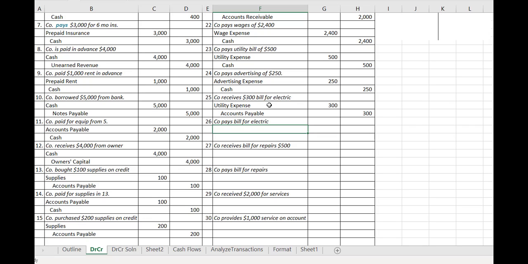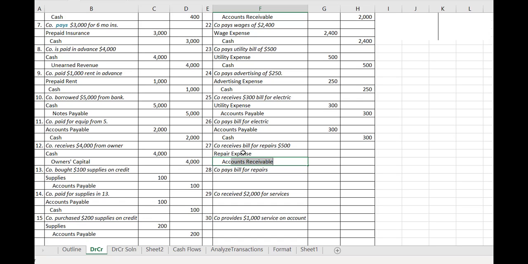And now they pay the electric bill. So now I'm going to decrease the payable and decrease cash. How is this? You've got to let me know how this goes. Okay, decrease the payable, decrease cash. Now they receive a bill for repairs. So somebody already did the repairs. I'm going to recognize repair expense.